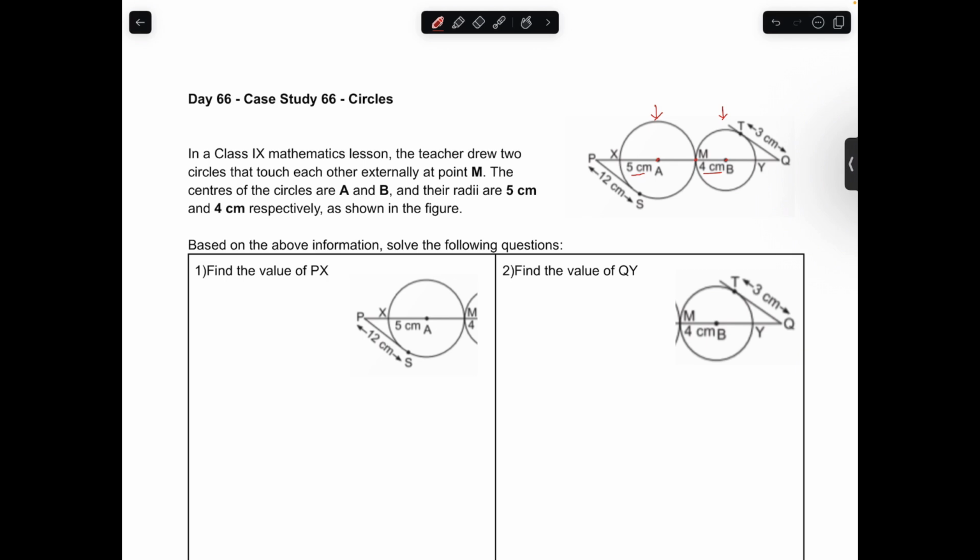PX is a part of AP which is in the bigger circle. So let's consider the bigger circle. Join A and S. AS is radius. PS is a tangent. Therefore, this angle ASP is 90 degree. The reason being radius is perpendicular to the tangent at the point of contact, which implies that this triangle ASP is a right angled triangle.